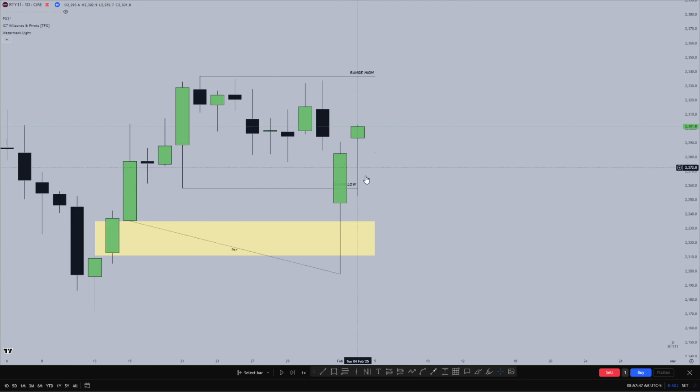Large wick, that was a turn off for me. Not a complete invalidation, but after seeing this much large of a wick, I am telling myself, okay, I need to be conservative that day.